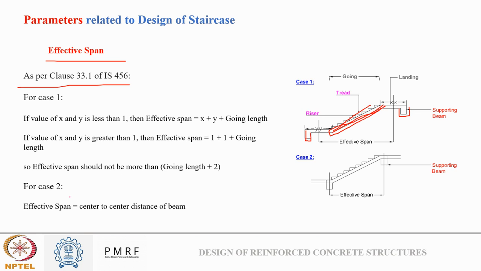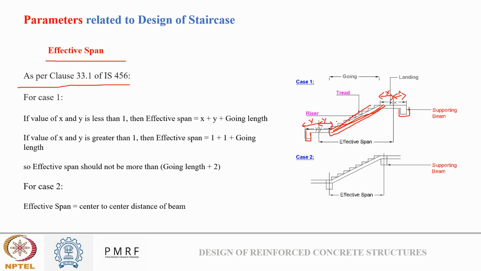If I belong to case one, the supporting beams of the steps are located at some distance from the step, and this total is 2y, so this is y and this is y. And this total is also 2x, so this is x and this is x.